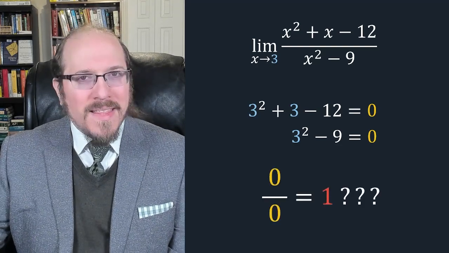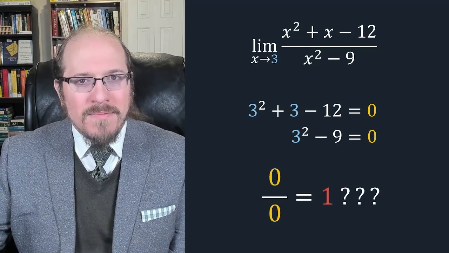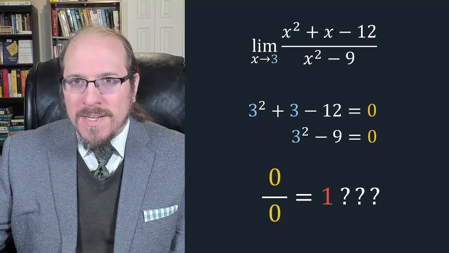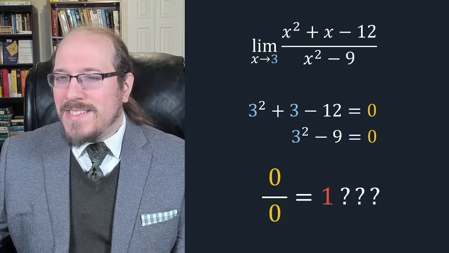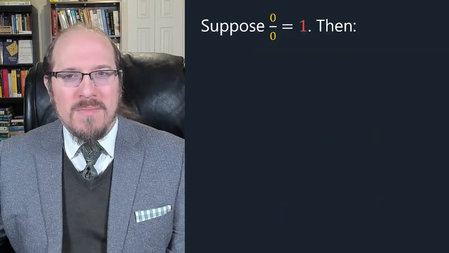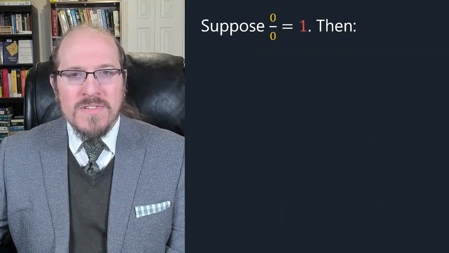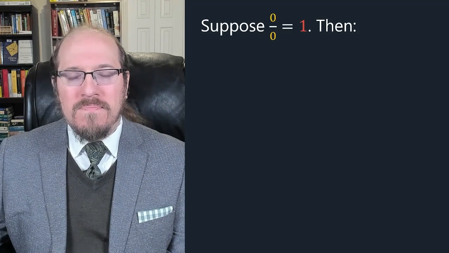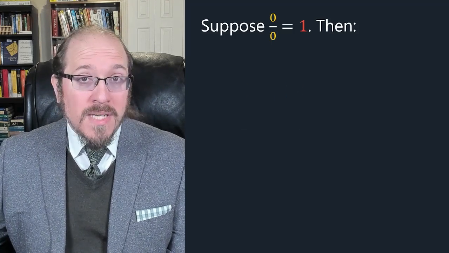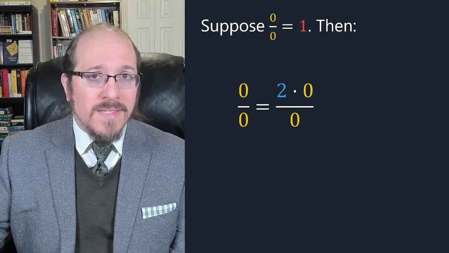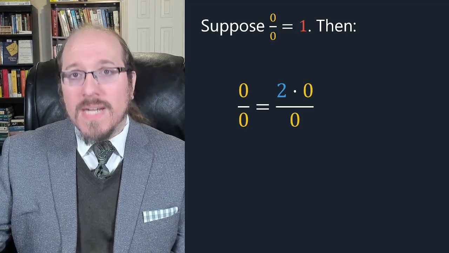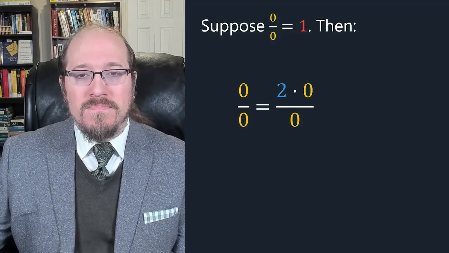But wait, anything divided by itself is 1, right? So maybe the limit is 1? Oh, if only it were that easy. Actually, you know what? Let's run with that for a moment. Suppose 0 over 0 really were equal to 1. Well, 2 times 0 is also 0, right? So we could rewrite 0 over 0 as 2 times 0 divided by 0.